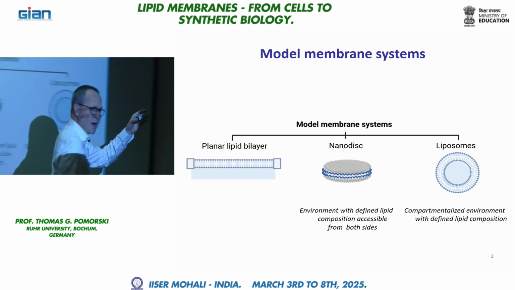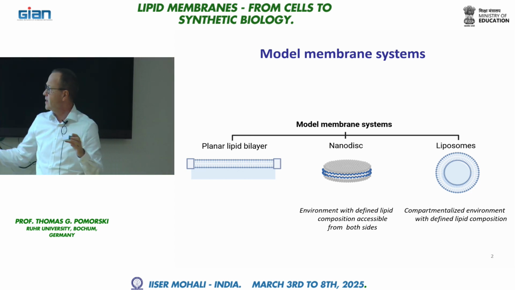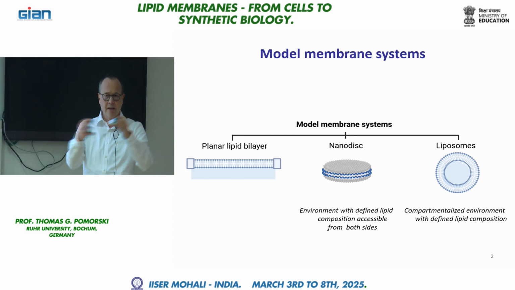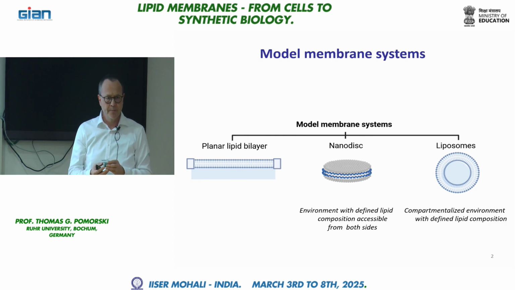So normally, if you have only lipids, they would never stay in this type of structure in a solution. They would either aggregate or form a different structure, for instance vesicles or inverted vesicles, depending on the lipid type you have selected.